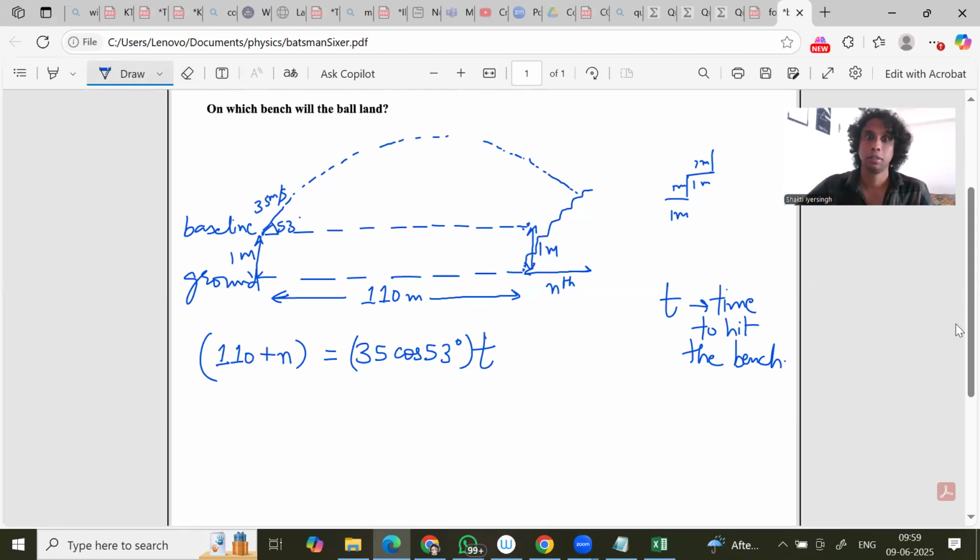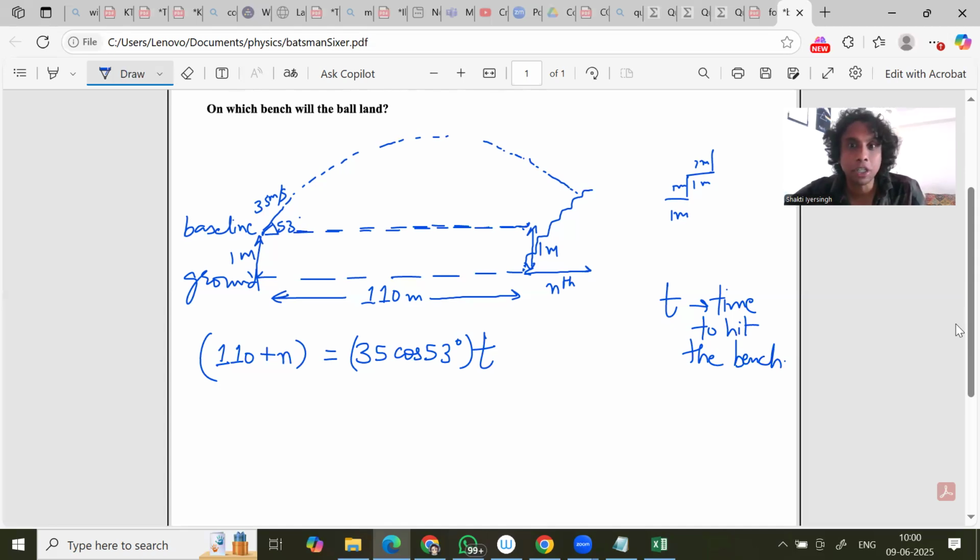Now, what is the height of the projectile at this point? Now remember, the baseline to be used is this line here. And this is how we analyze the height of the projectile. And this line is 1 meter above the ground.